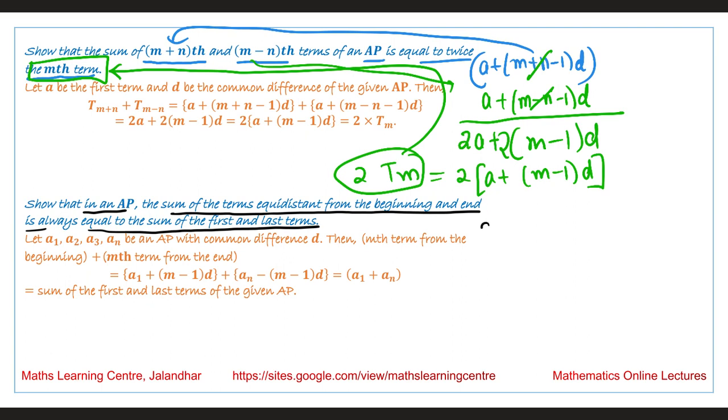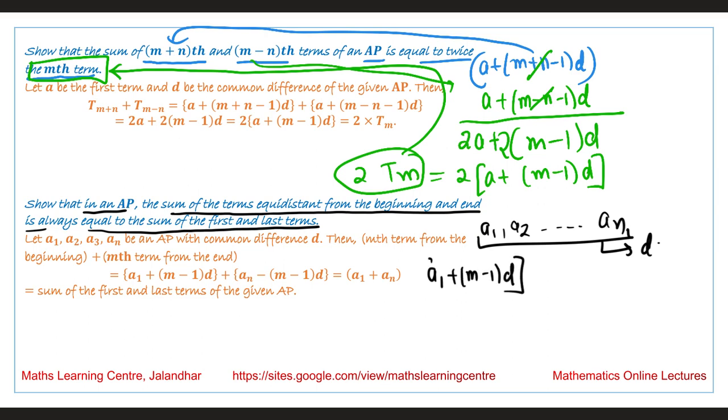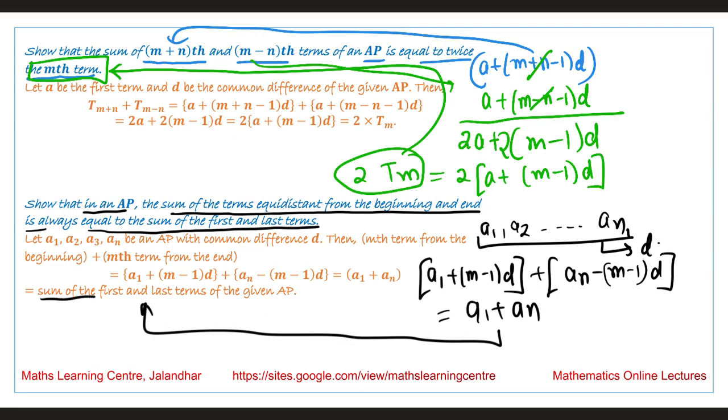So suppose the AP we have is A1, A2, and so on up to AN, and the common difference for this AP is D. So the mth term from the beginning and the mth term from the end, the sum will be A1 plus m minus 1 D plus AN, we are talking about the mth term from the end, so it is minus m minus 1 D. On solving this, we will obtain A1 plus AN, and this is what we have to prove, that it is equal to the sum of the first and last term of the AP.